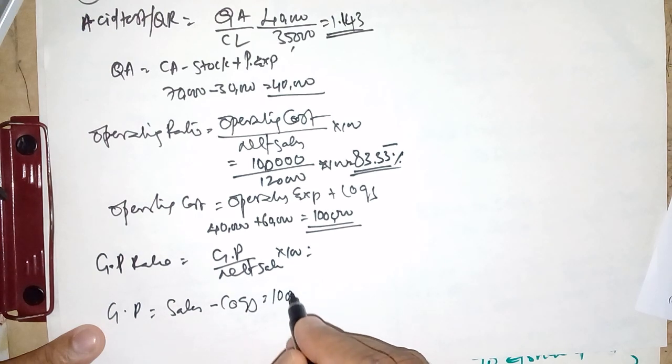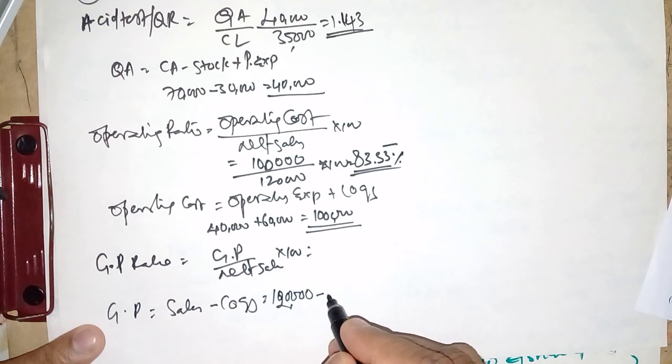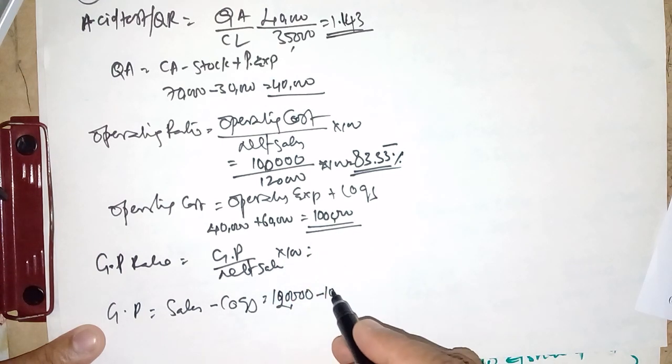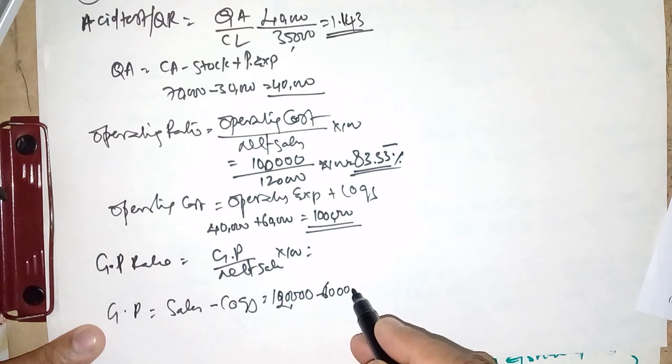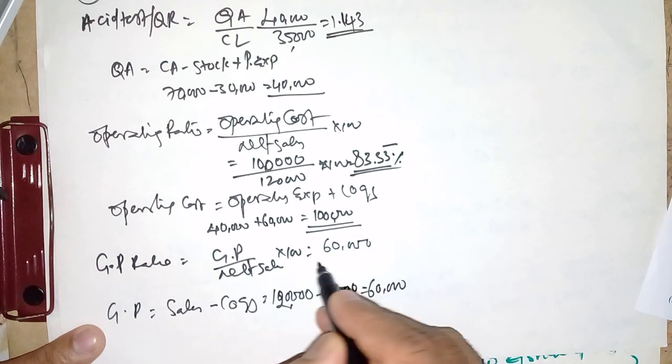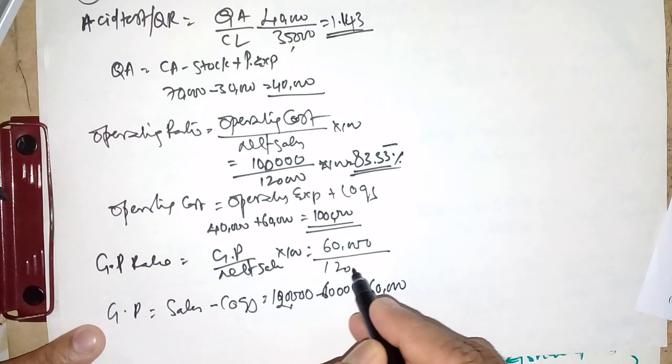Sales is 1,20,000, COGS is 60,000. Therefore our GP is 60,000. So 60,000 divided by net sales, again 1,20,000.